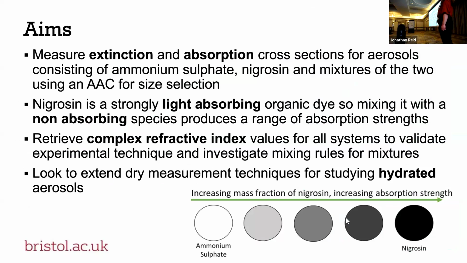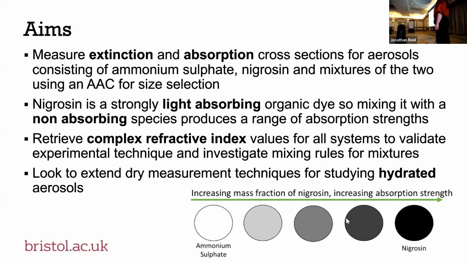So nigrosin is a really strongly light absorbing organic dye. It looks basically black. And then if we mix that with our non-absorbing species, our inorganic ammonium sulfate, we can basically produce a range of different absorption strengths from purely non-absorbing ammonium sulfate to really strongly light absorbing, and we've just got nigrosin.